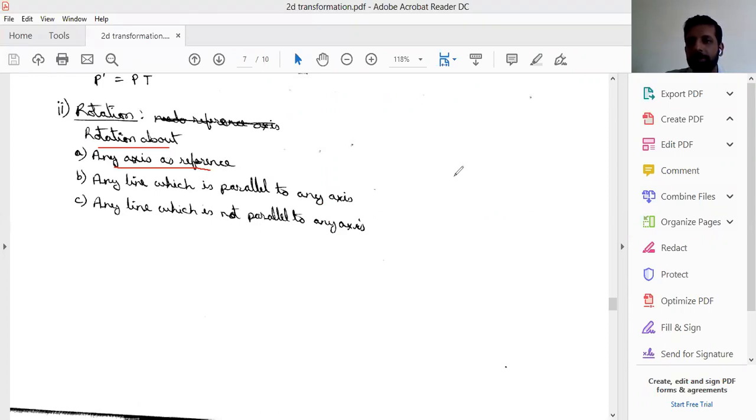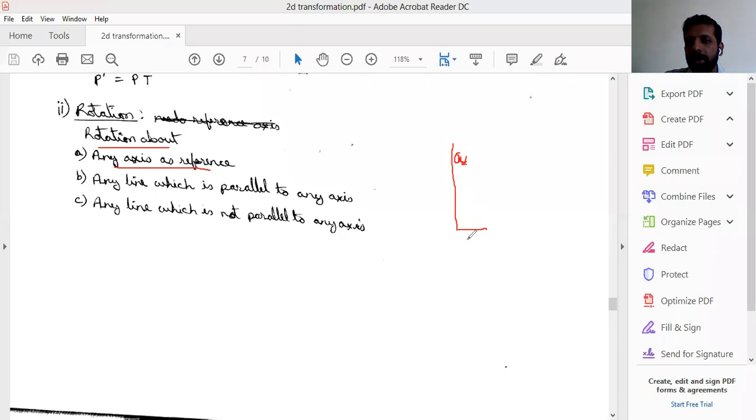For example, if we have an axis over here, and I draw a line and want a circle to be drawn, this is the axis.